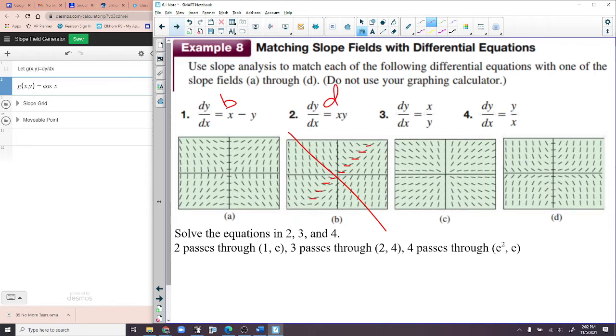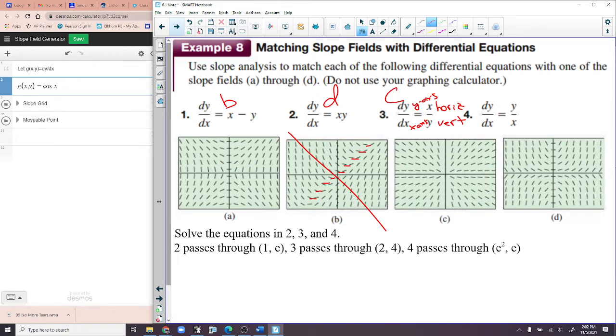When x is 0, we have horizontal. That's when the top is 0, we get horizontal. And when the bottom is 0, that's vertical. So x would be the y-axis. This would be the x-axis. That one's C, right? Is that C? Yeah, that's C. And by process of elimination, what's this one?